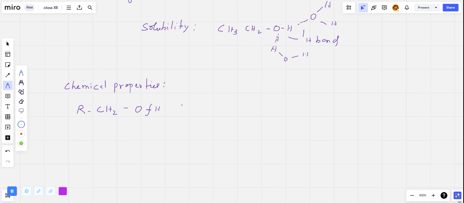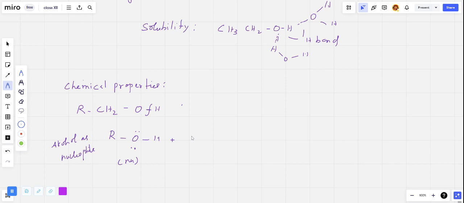First, we should know that in ROH, oxygen has two lone pairs of electrons, so alcohol acts as a nucleophile. Because of the lone pair, even though it is neutral, it can act as a nucleophile.